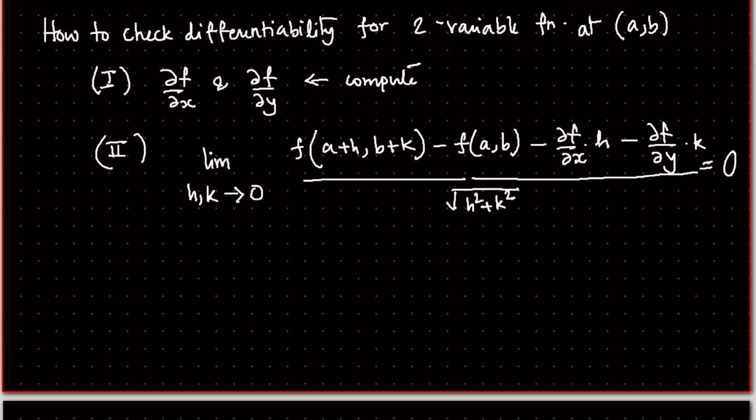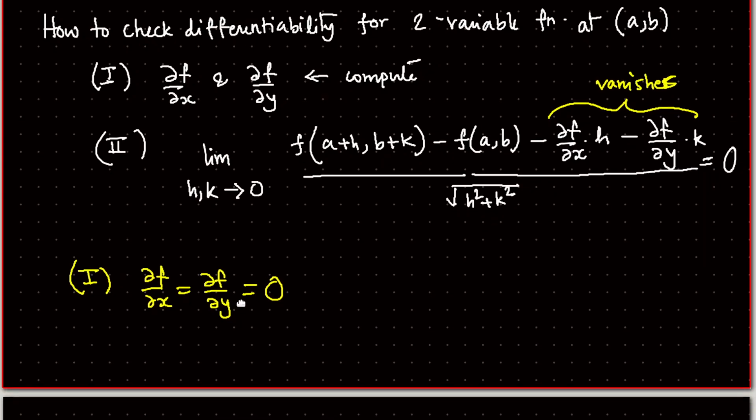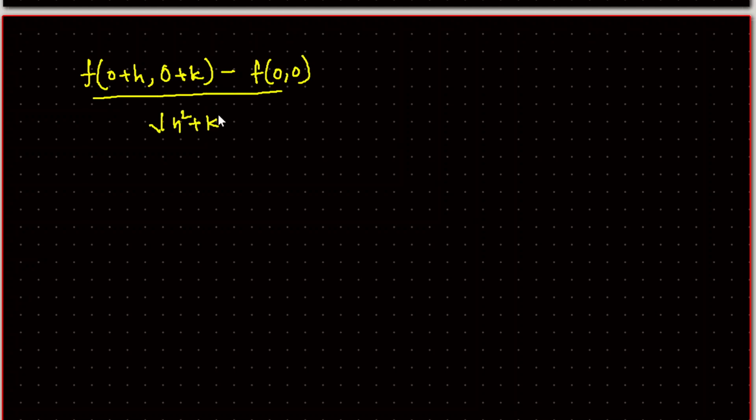So step 1 we have already computed, and we have obtained that the partial with respect to x and the partial with respect to y, both of them are 0, right? So basically these two terms vanish in our problem. So we only need to look at the rest. What do we have? We have f of (0 plus h, 0 plus k) minus f of (0, 0) divided by under root of h square plus k square.